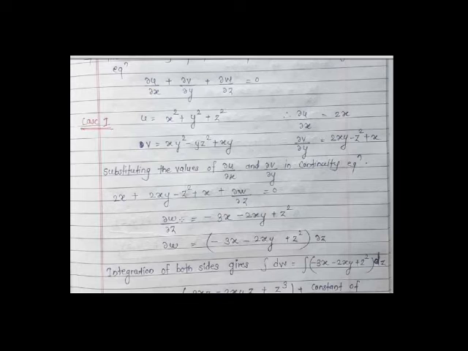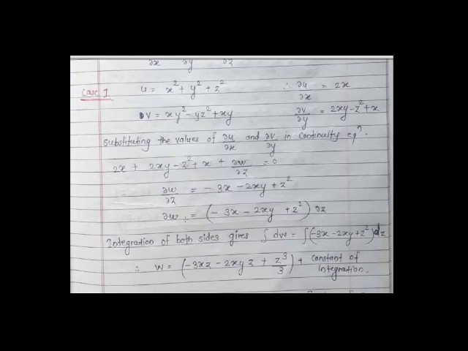So dou w by dou z will be minus 3x. This is 2x plus x, so it is added. If it goes to the right side, the sign changes. So dou w by dou z will be minus 3x minus 2xy plus z squared.